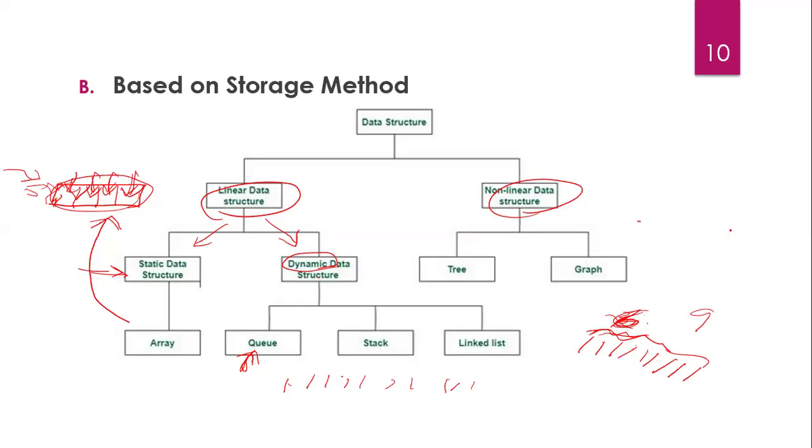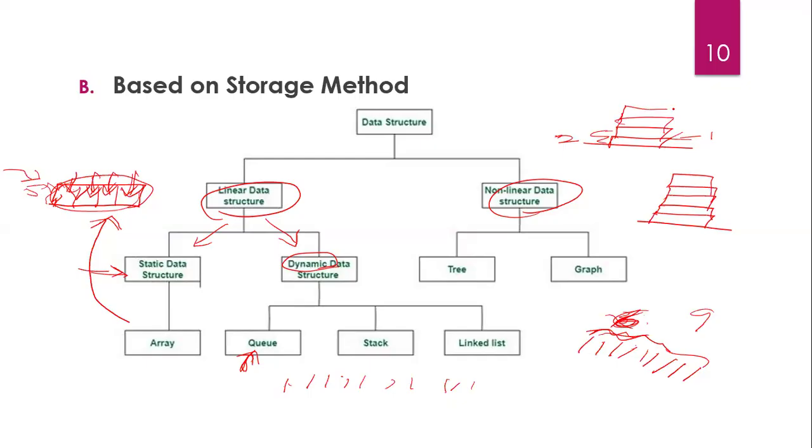So in the stack also, we can have so many books. There is no static memory. If there is one book, then the memory is 1. If there are 2 books, then the memory is increased to 2. So there is dynamic storage.